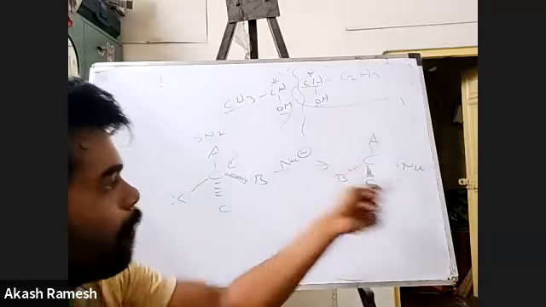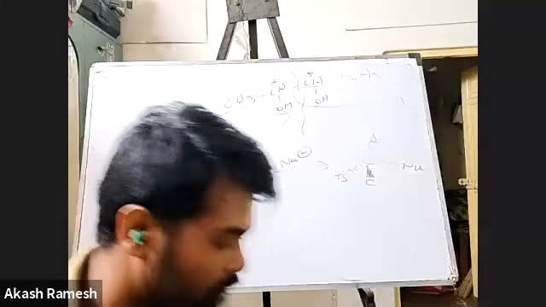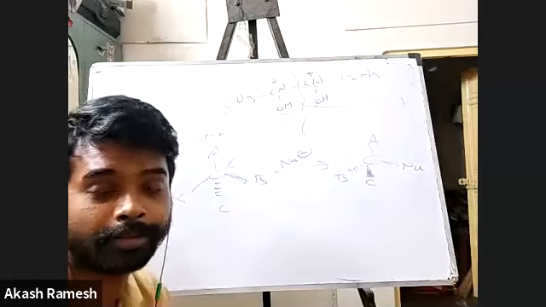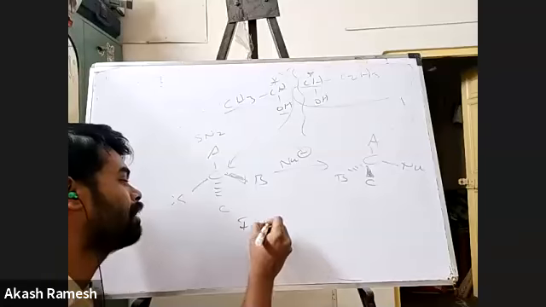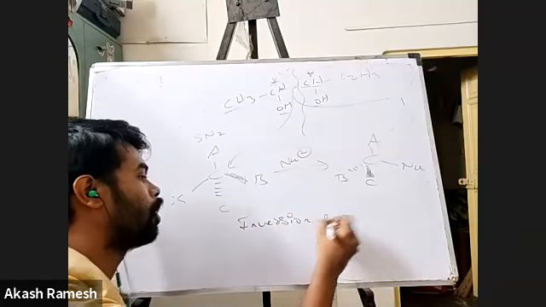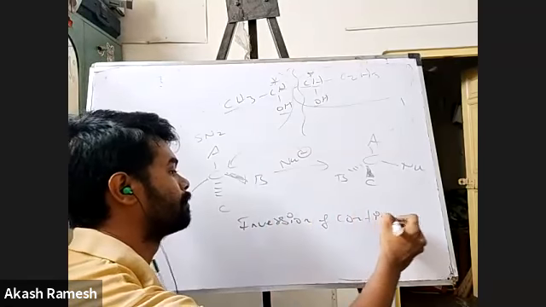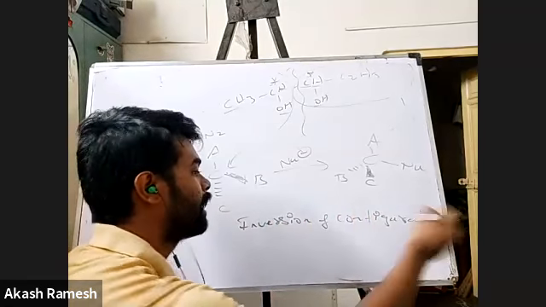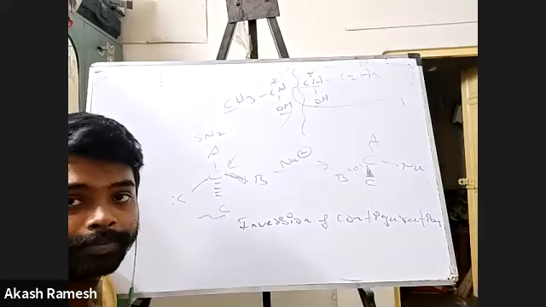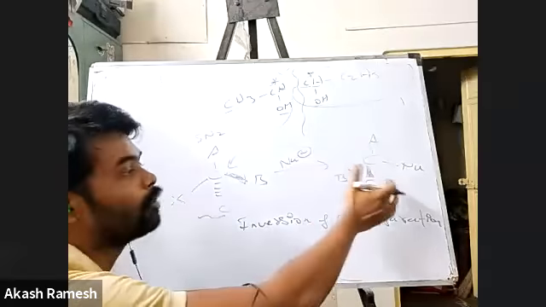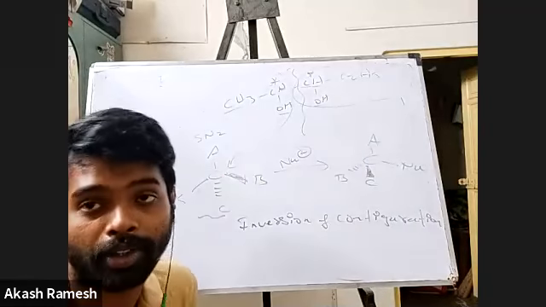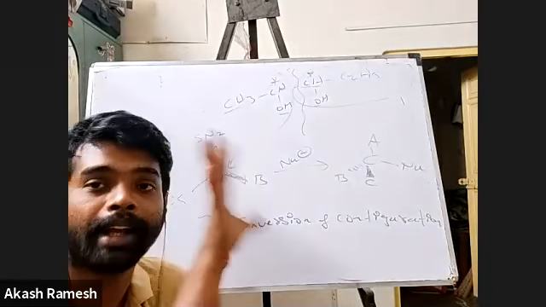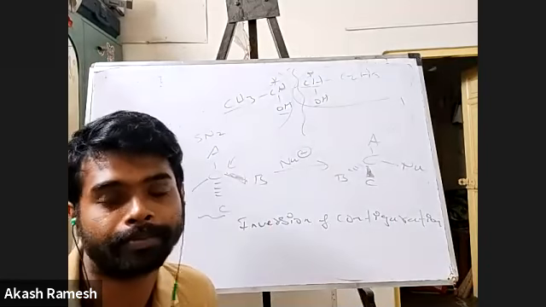So this particular phenomenon is called inversion of configuration. I have one configuration that is exactly getting inverted. Why? Because the nucleophile attacks from the opposite side, that is why the entire thing is getting inverted.